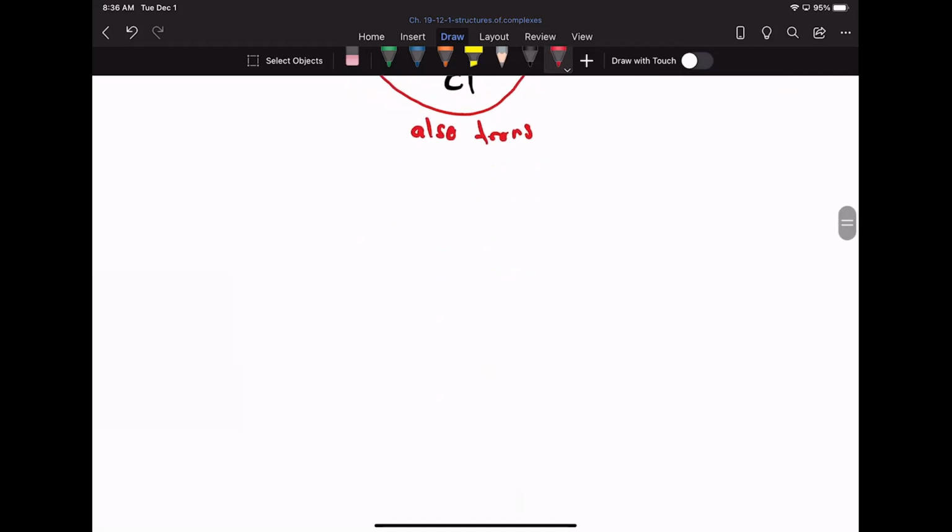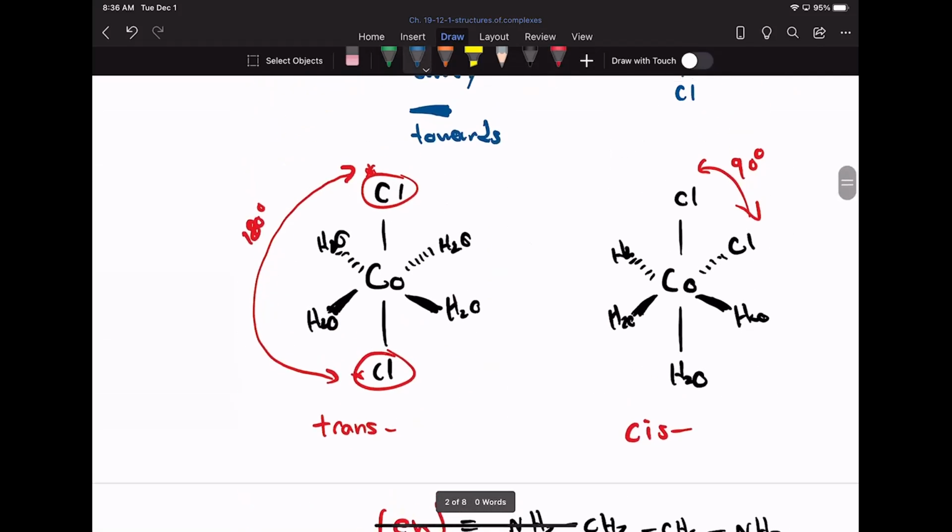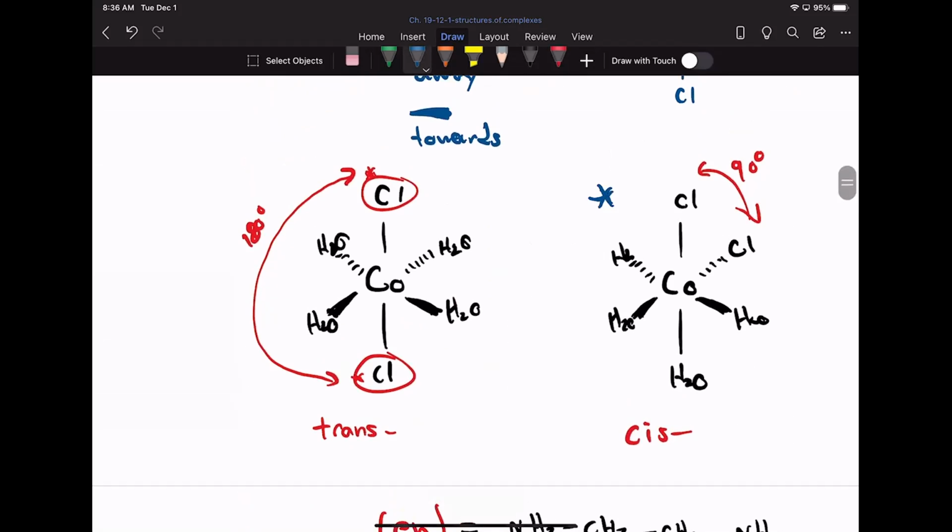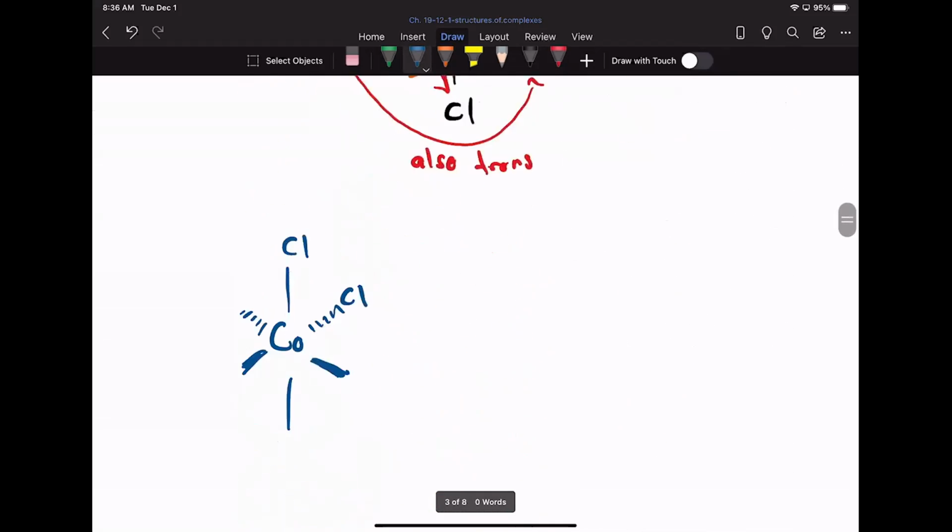As far as cis goes with that, let's draw something that's cis. When I'm drawing these out, I always just start out with a basic octahedral structure because I can put the ligands anywhere that I feel like. So here, let's make that chlorine cis kind of like we did up here. We made those 90 degrees there by putting those together that closely.